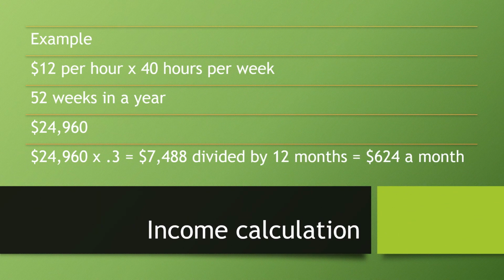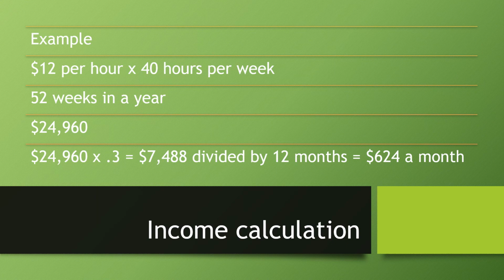Example, if the household member makes $12 per hour at 40 hours per week, there are 52 weeks in a year. This is important to remember as some people may get paid every 2 weeks. There are 26 pay periods if it's every 2 weeks. At $12 per hour and 40 hours per week, that is 2,080 hours of work a year, or roughly $24,960.